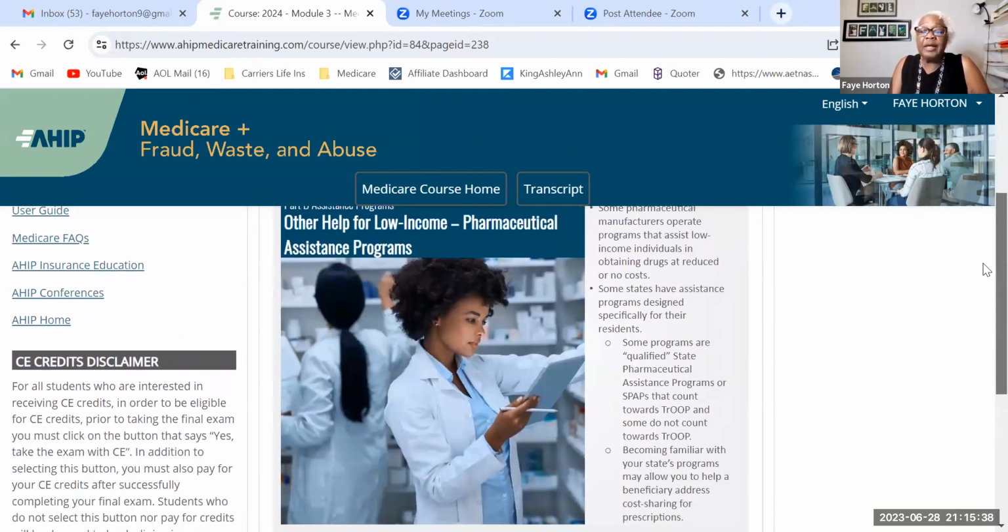Other help for low income. Some pharmaceutical manufacturers operate programs that assist low-income individuals in obtaining drugs at reduced or no cost. Some states have assistance programs designed specifically for their residents.